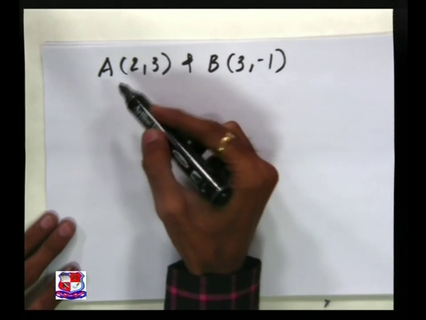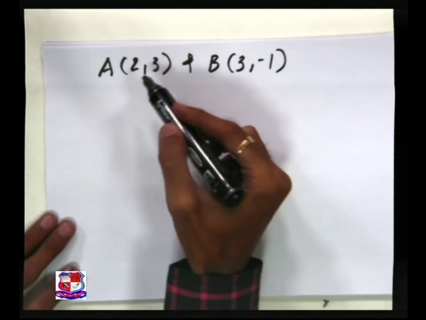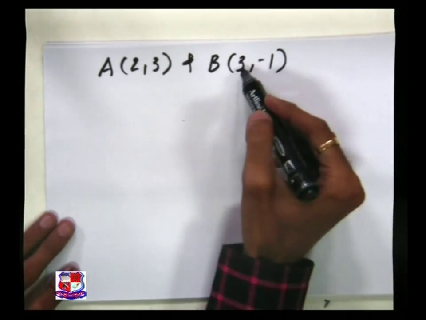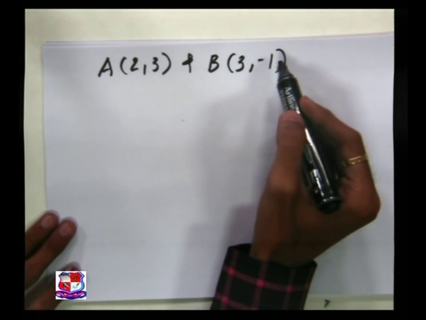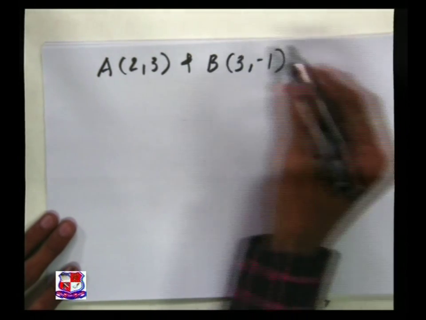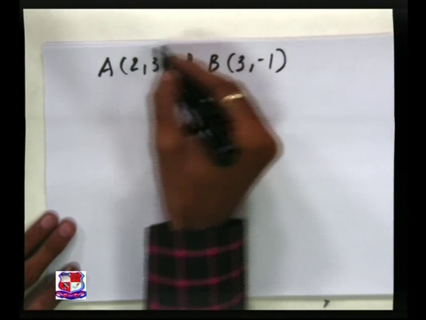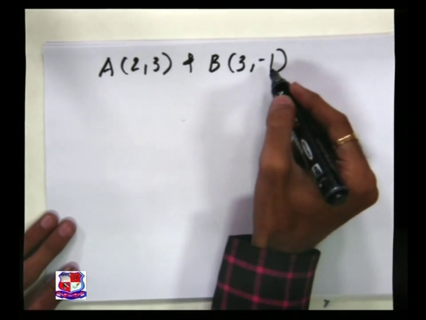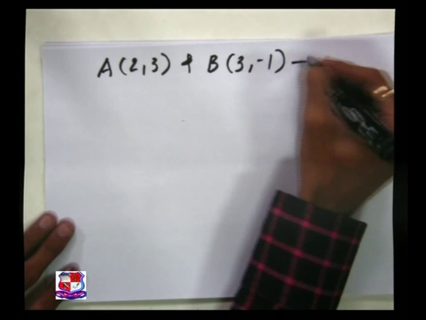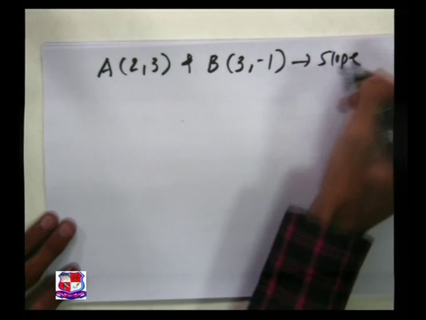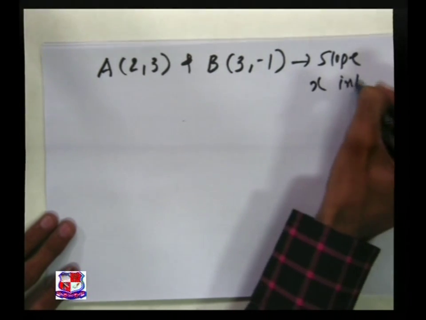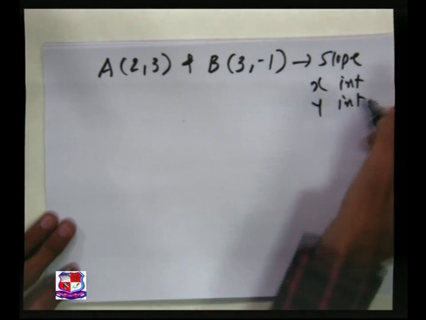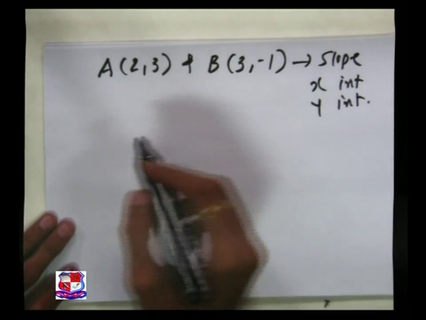We need to find the equation of the line passing through these 2 points, and moreover we need to find the slope of the line. First we need to find the equation of the line passing through these 2 points, and then we need to find the slope of that line, the x-intercept and the y-intercept.